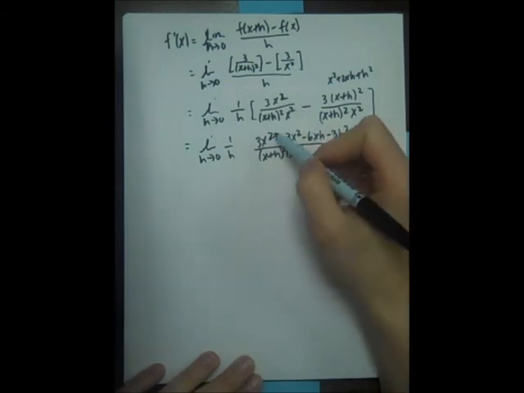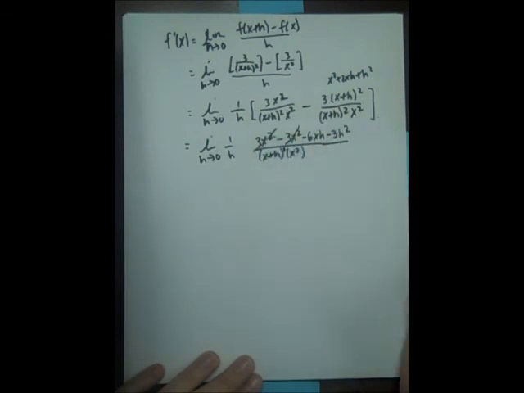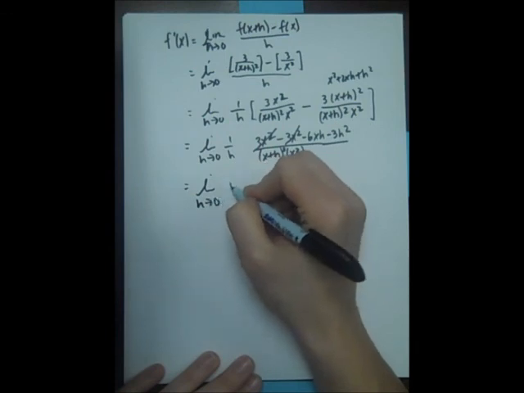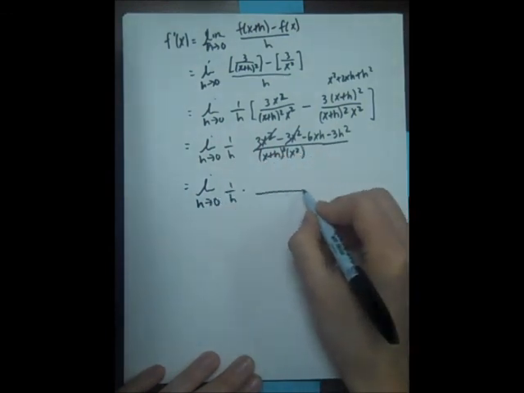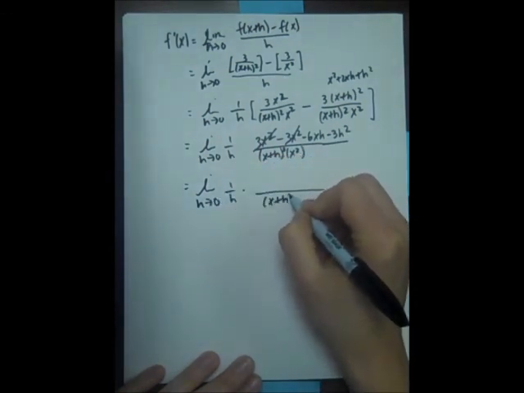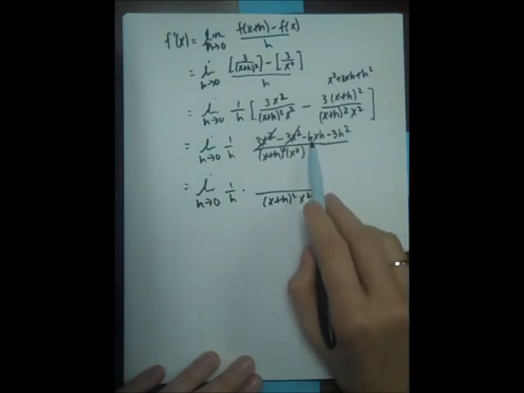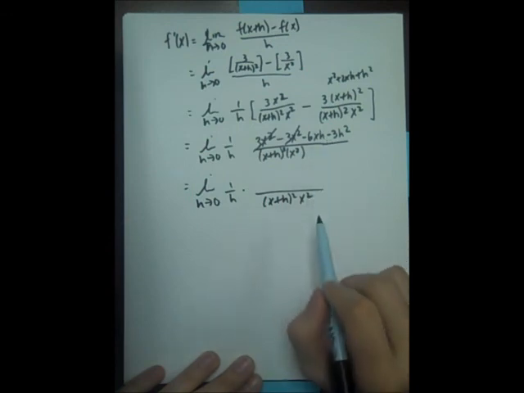Now what cancels here? Two 3x squareds go away. So I have the limit as h approaches 0 of 1 over h, still have my (x plus h) squared x squared in the denominator. And now what I'm left with is negative 6xh minus 3h squared.